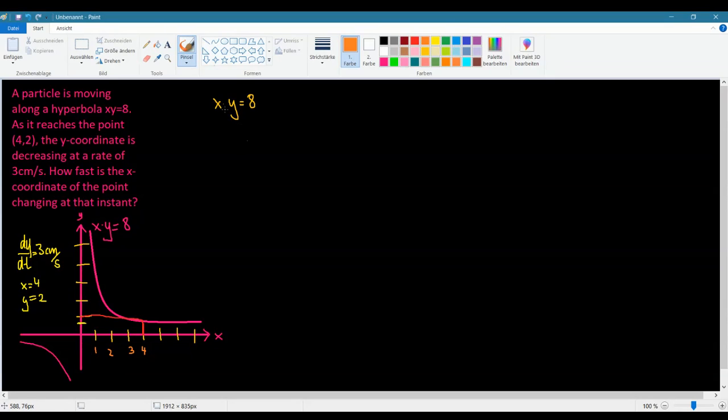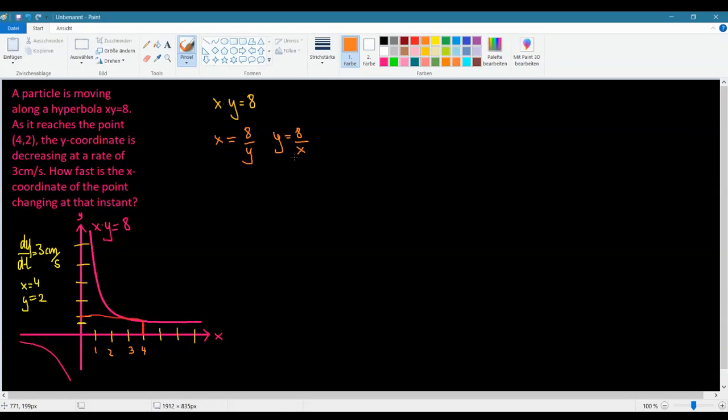We're going to just divide by y. Actually, is that smart? Yes, we're going to divide by y. I wanted to divide by x, but let's do both. If we divide by y, we get x equals 8 over y. And if we divide by x, then we get y equals 8 over x.